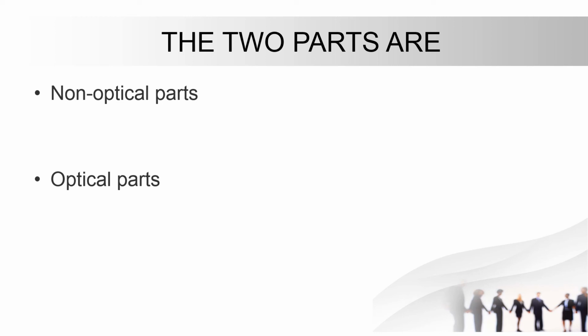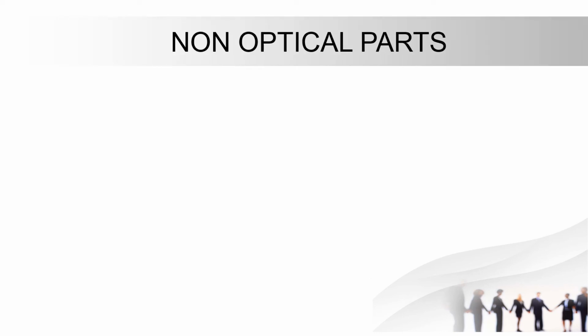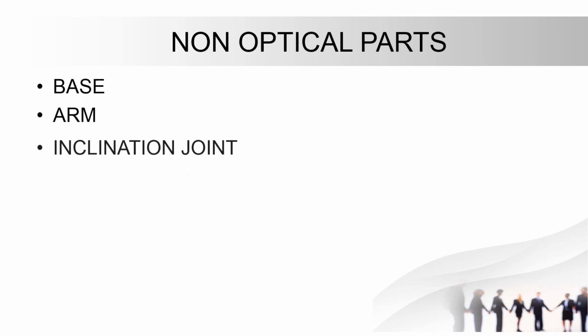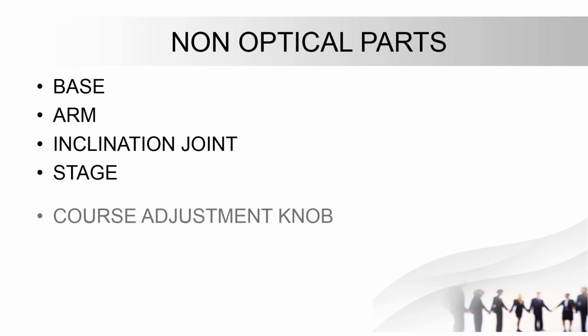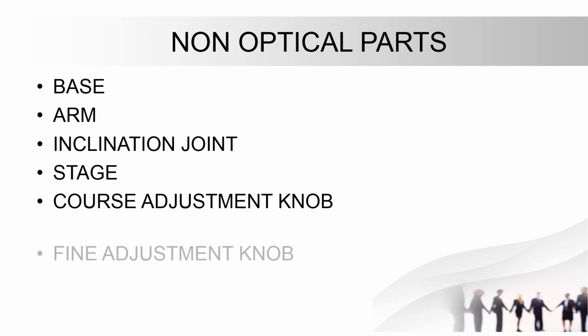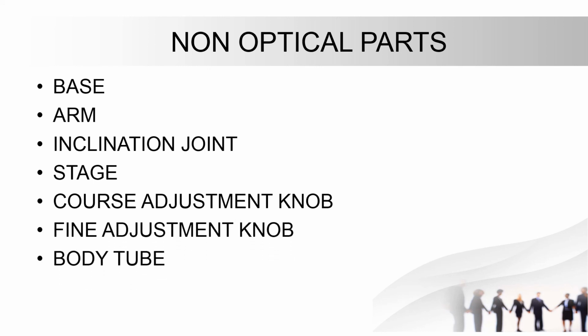So what are the various non-optical parts that we have? We have the base, the arm, the inclination joint, the stage, the mechanical stage, the coarse adjustment knob, the fine adjustment knob, the body tube, and the clip. These are all non-optical parts of the microscope.